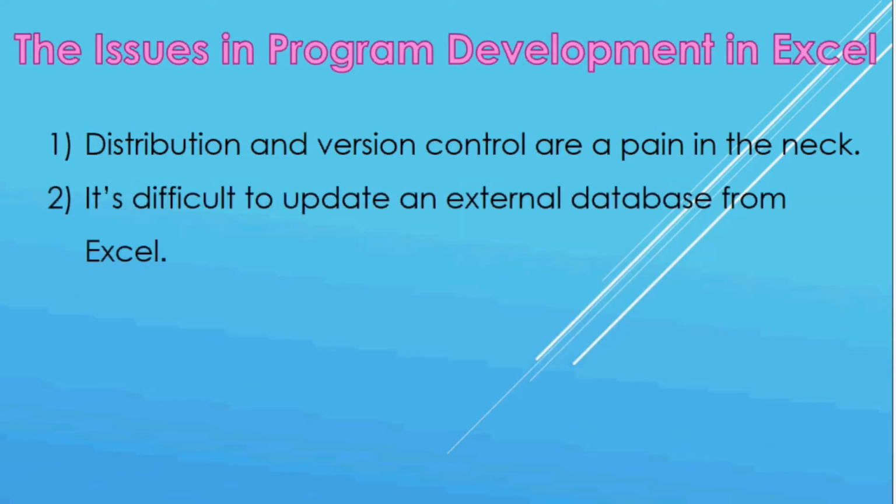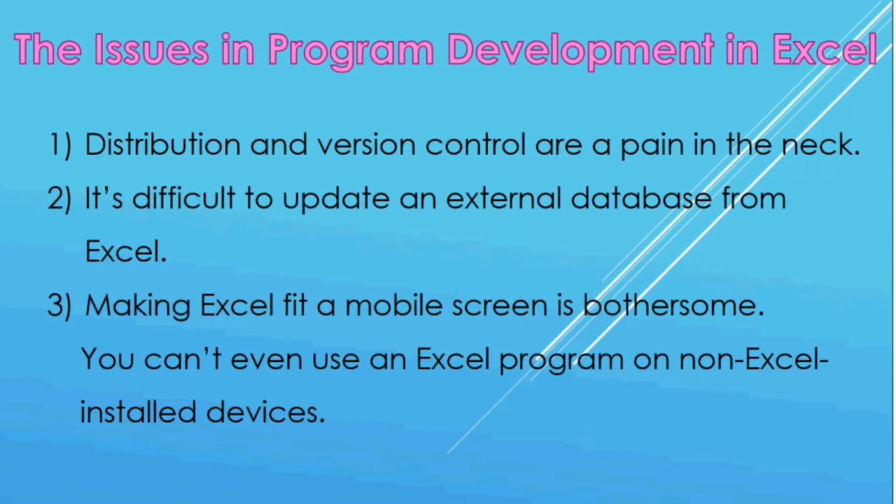2. It's difficult to update an external database from Excel. When collecting all the data in one place and sharing it with everyone, you can bring the data to Excel on the PC, but the reverse is difficult. 3. Making Excel fit a mobile screen is bothersome.